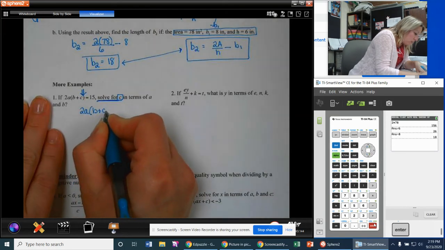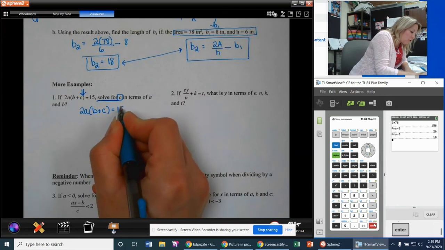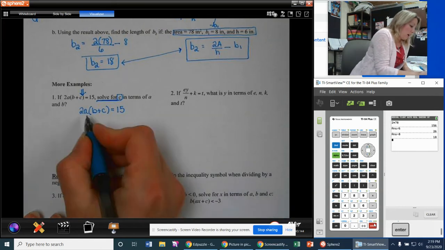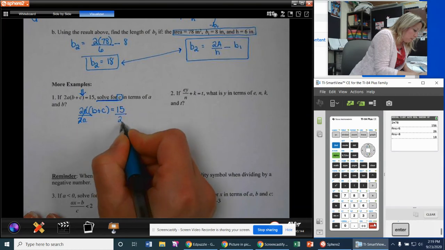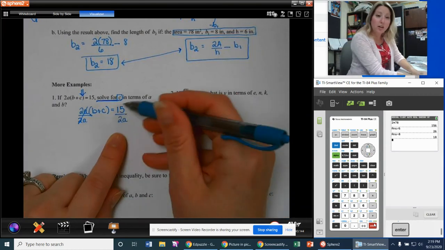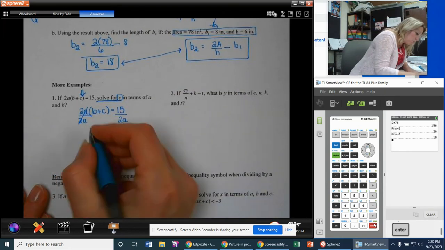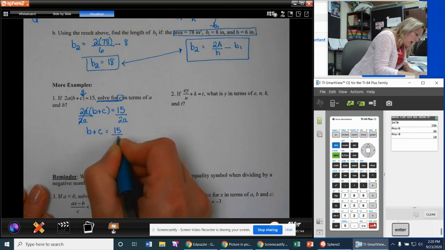So right now, let's think. How is the 2a attached to the b plus c? It's attached by multiplication, right? What's the opposite of multiplying by 2a? Divide both sides by 2a, because those are multiplicative inverses. Now again, these are not necessarily like terms, so leave them be, leave them where they are. Bring down the b plus c, bring down the 15 over 2a.